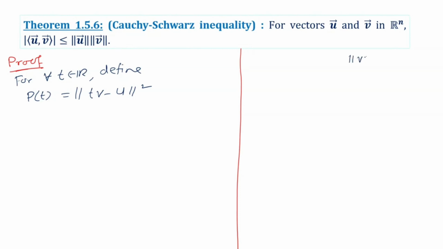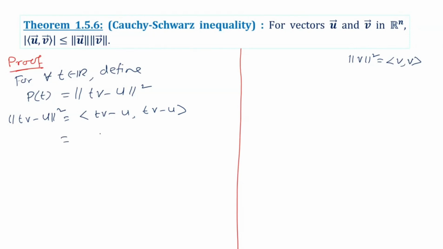The norm of V whole square is actually the inner product of V with V. So norm of tV minus U whole square is the inner product of tV minus U and tV minus U.